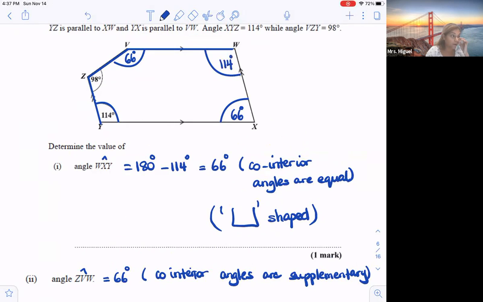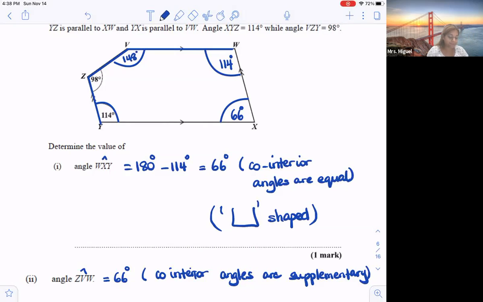And the sum of the angles in a pentagon is 2n minus 4, right? So it is 540. So if we add 114 and we add 66, we add 114 again and 98, and we subtract that from 540. Here is actually 148.